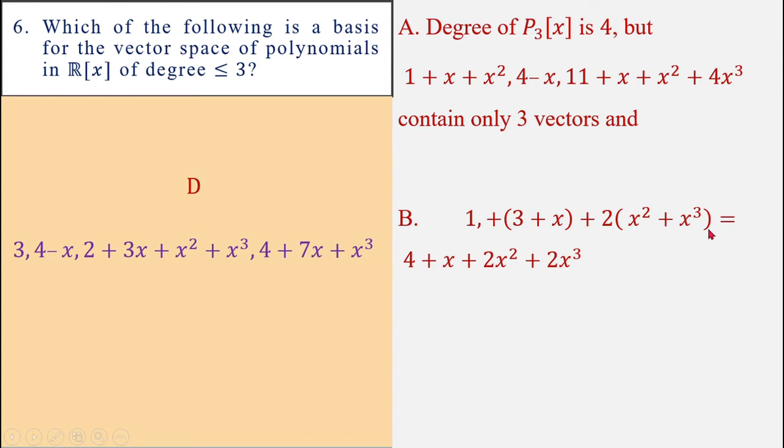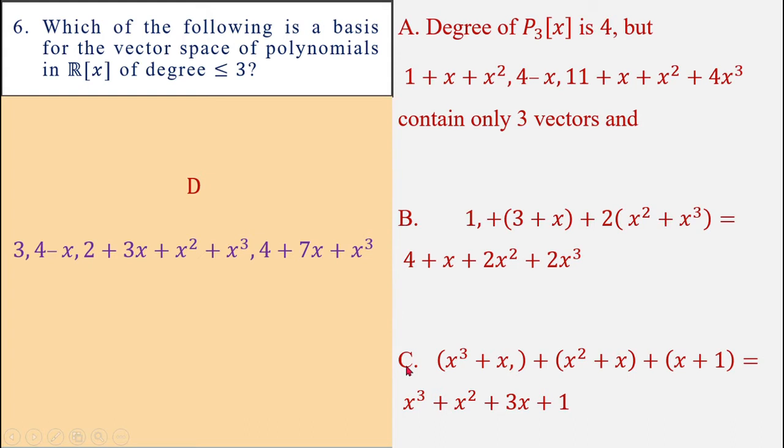Therefore, these 4 vectors are linearly dependent, and we know that basis vectors are always linearly independent. Here the vectors in option B are linearly dependent, so they cannot form a basis for P3.